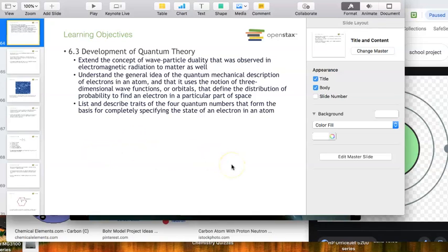So in the next couple of slides, we're going to be talking about a lot of theory and how everything was put together and what we understand about the atom.